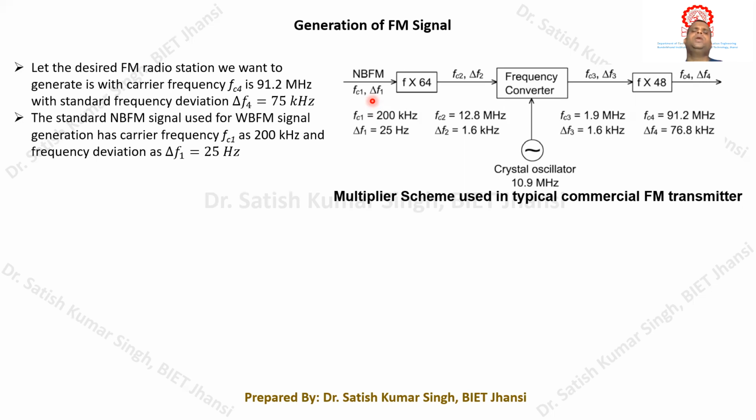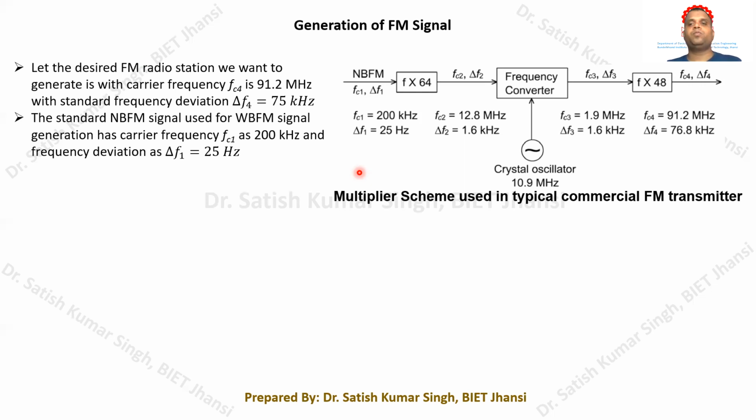Let us suppose that we want to design or generate a WBFM signal for a radio station whose carrier frequency is 91.2 megahertz. As I said, the carrier frequency for an FM radio station varies between 88 megahertz and 108 megahertz.